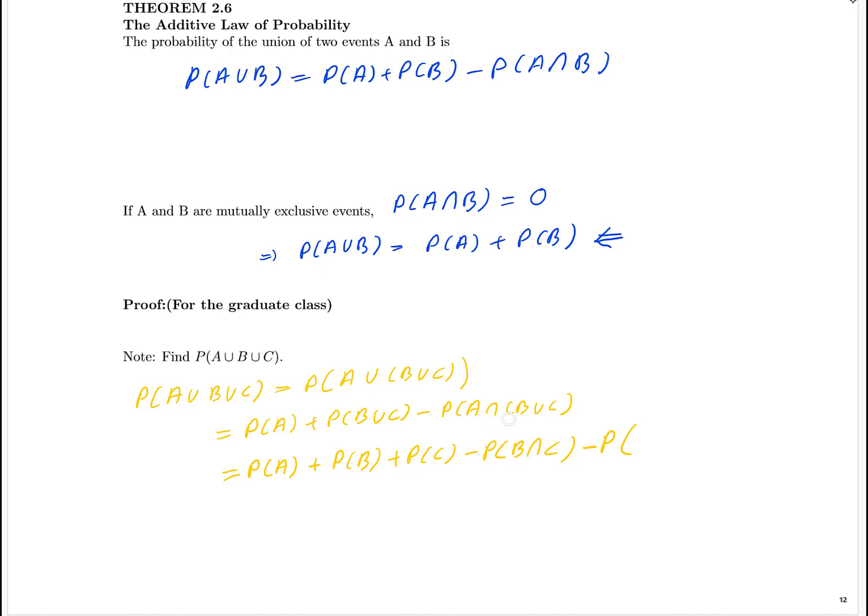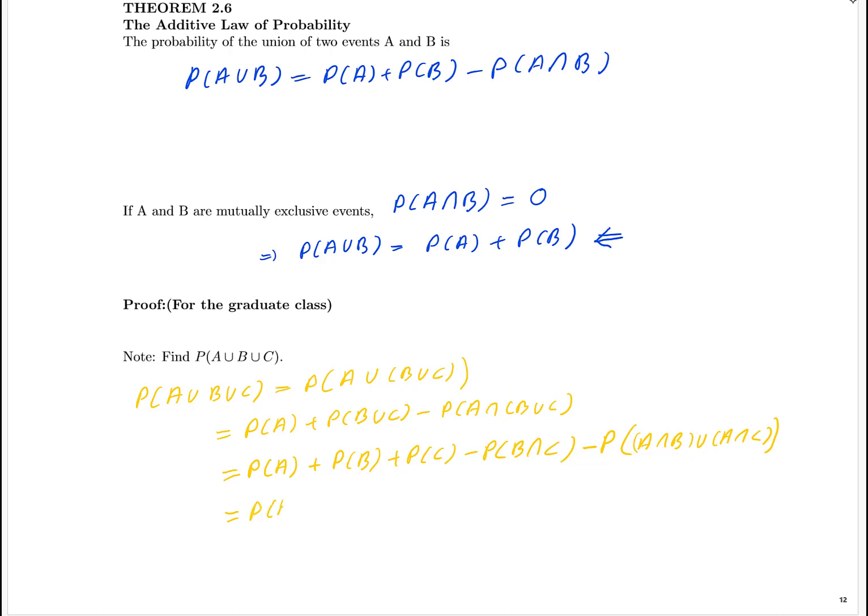A intersection B union A intersection C. So we have again two sets. One is A intersection B and the other one is A intersection C. So there are two sets, so we can apply again the additive law of probability for this part.